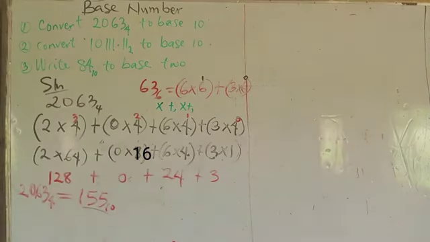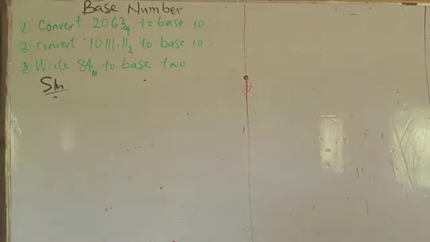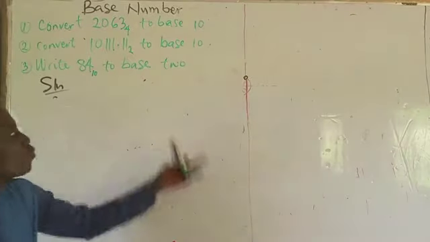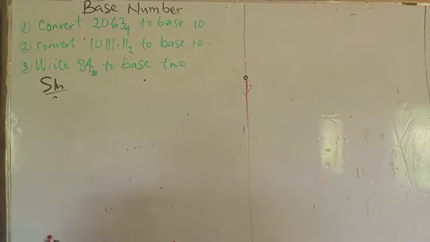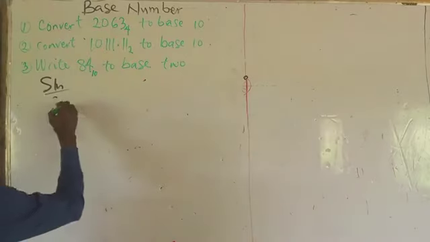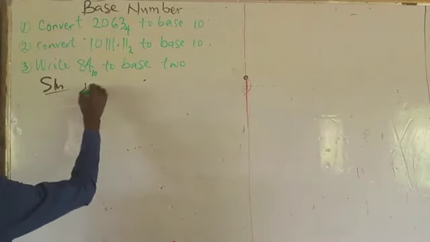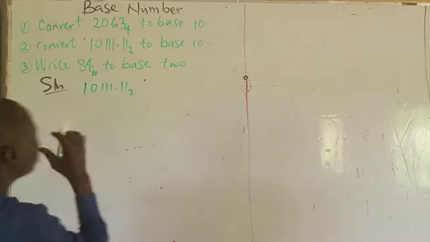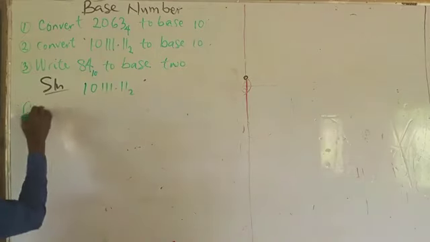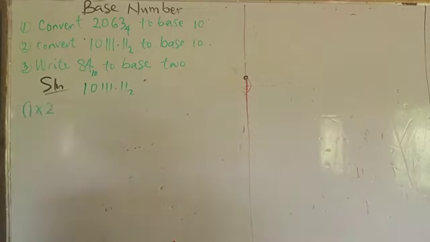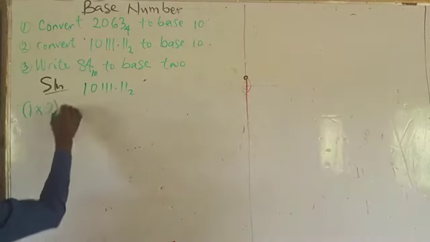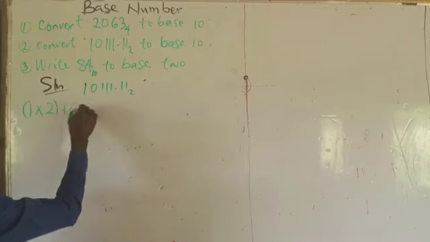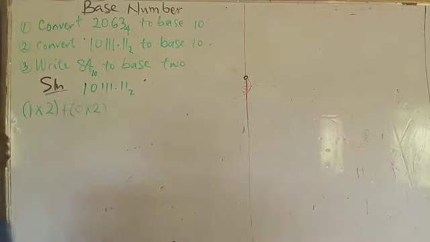to base 10. Anytime you are asked to convert any number to base 10, it's the same procedure that you follow. What is the procedure? You write it out: 10111.11 in base 2. How do we do this? You say 1 times 2, the first digit, plus the second digit, 0 times 2. What is that 2?